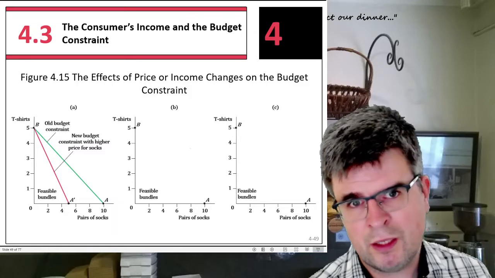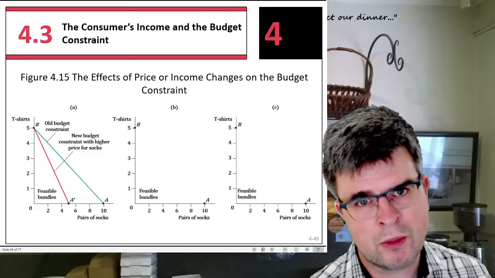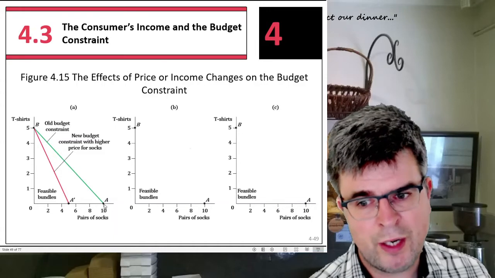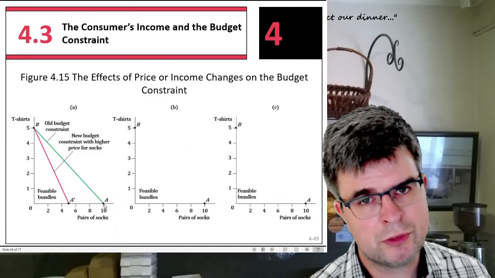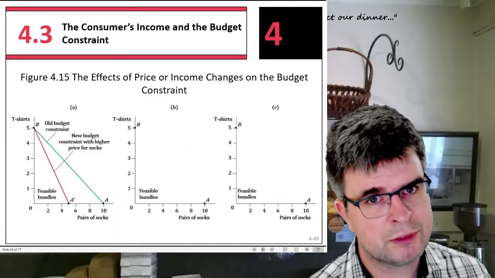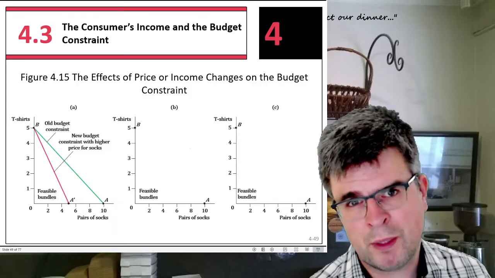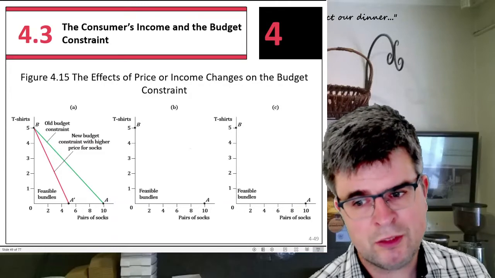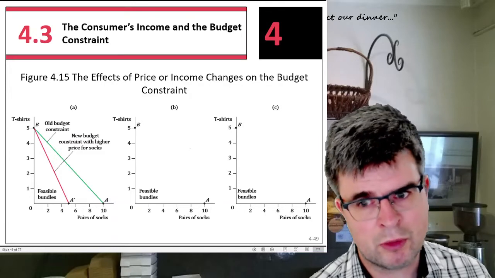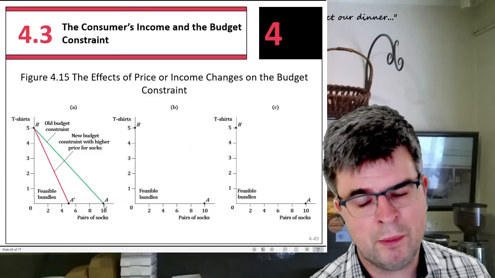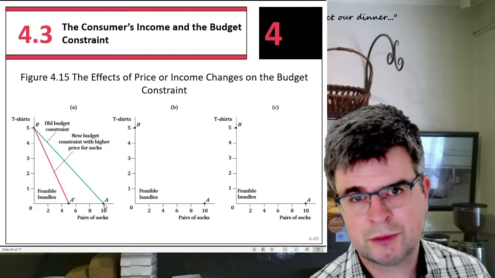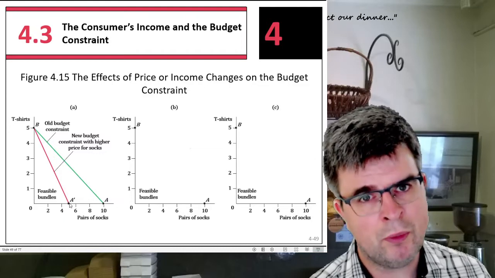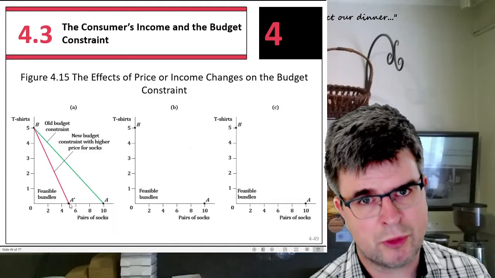But now consider if you spend all your income on socks. At a price of 5 per pair of socks, you could buy 10 pairs of socks. But now the price of a pair of socks has doubled and has become $10 as well, which means that if you would spend your entire income on socks, you can no longer buy bundle A, 10 pairs of socks, but you can only afford bundle A prime, 5 pairs of socks.